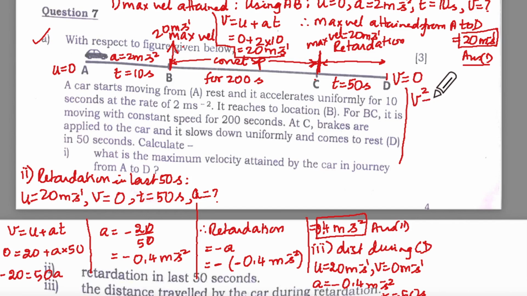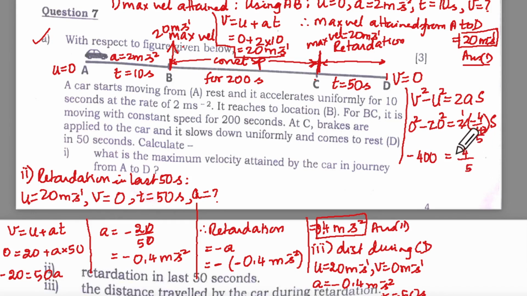V square minus u square is equal to 2as, or you can write v square equal to u square plus 2as. Okay? So v square is 0 square minus 20 square equal to 2 into minus 4 upon 10 multiplied by s. Correct? So 2 ones and 2 fives. So minus 400 is equal to 4 upon 5 with minus sign into s.